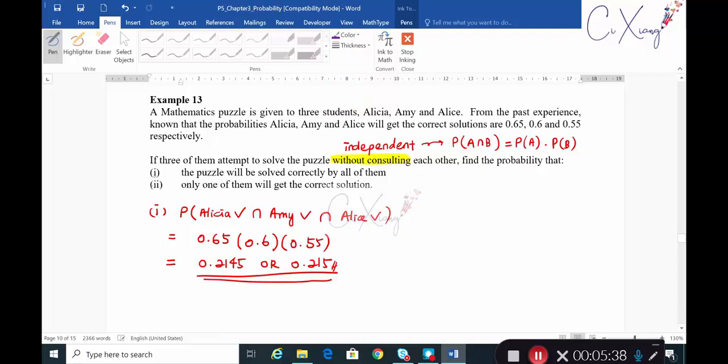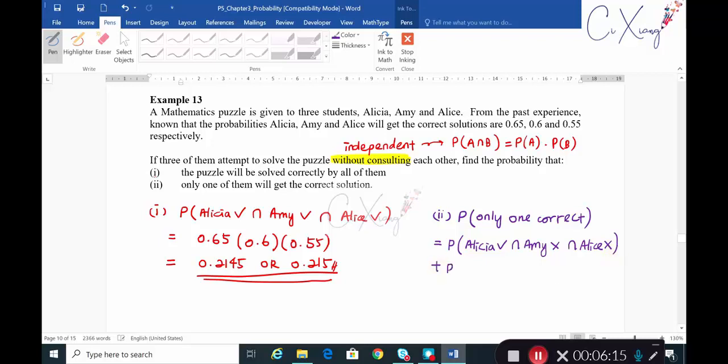Right, then we proceed to part number 2. Only one of them will get the correct solution. If only one of them gets the correct solution, what are the possible cases that we have? If only one of them is correct, it means that maybe Alicia is correct, intersect with Amy is wrong, intersect with Alice is wrong.